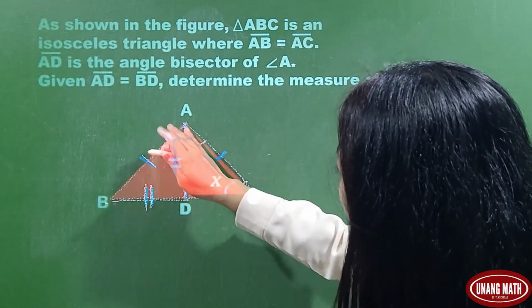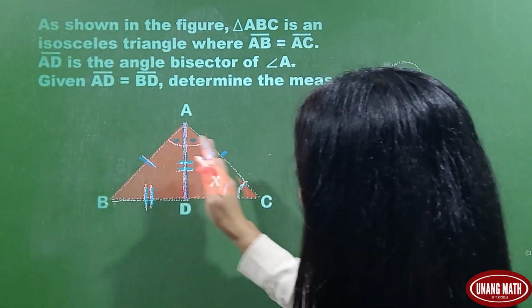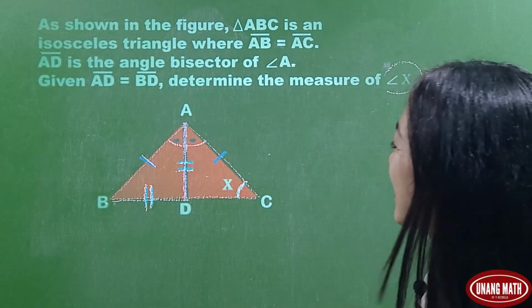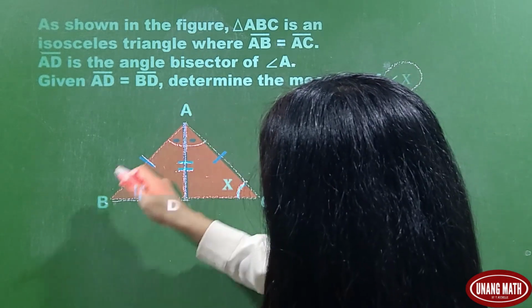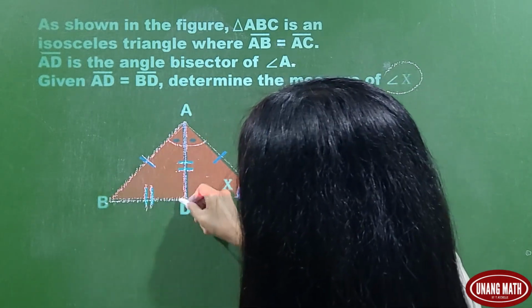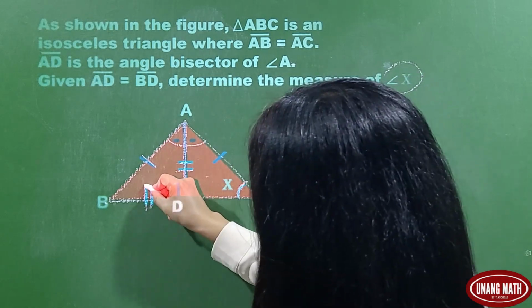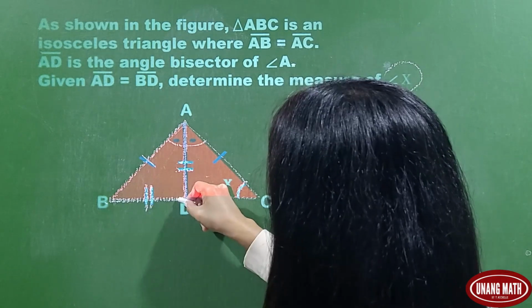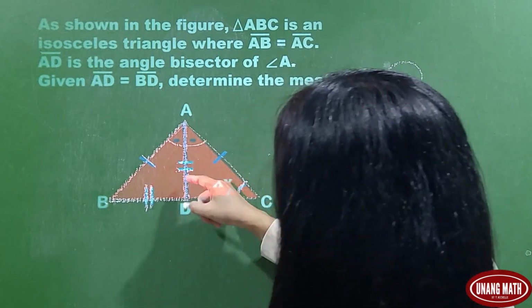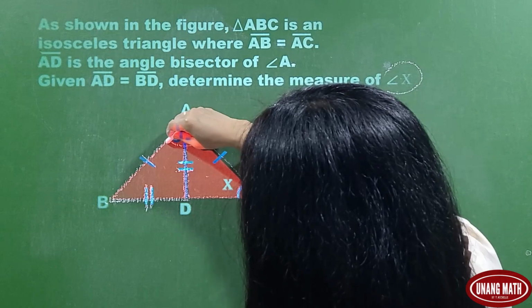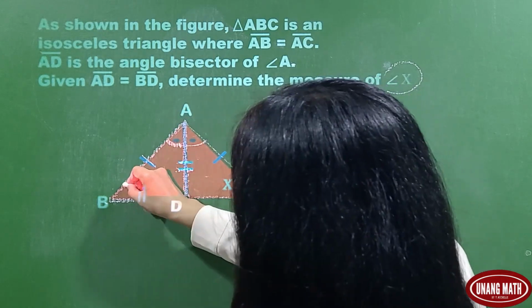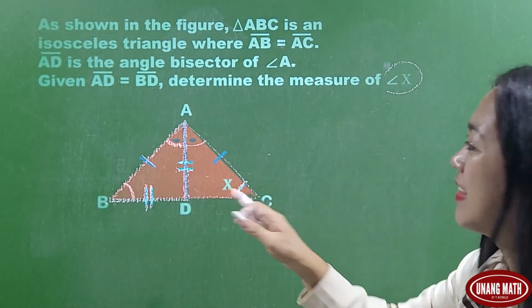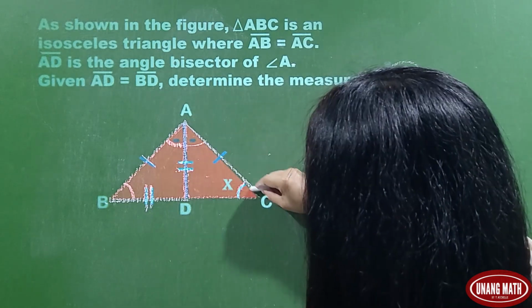It bisects triangle ABC into two congruent triangles. This triangle ABD is also an isosceles triangle because this side is equal to this side, so this angle is equal to this angle. Same with this triangle ACD.